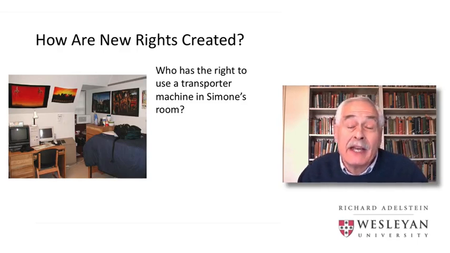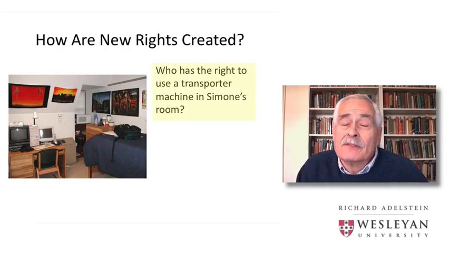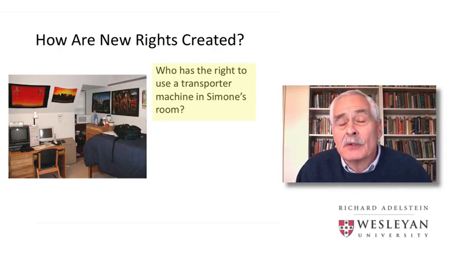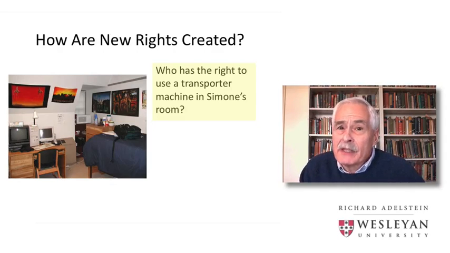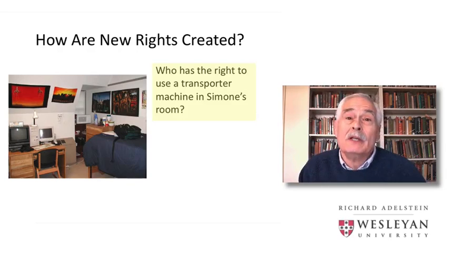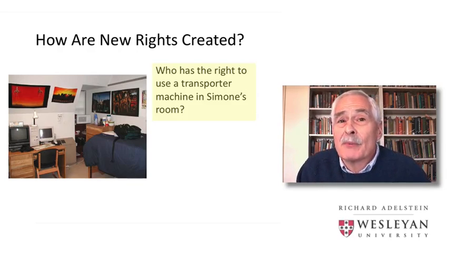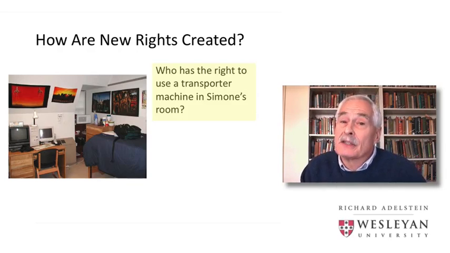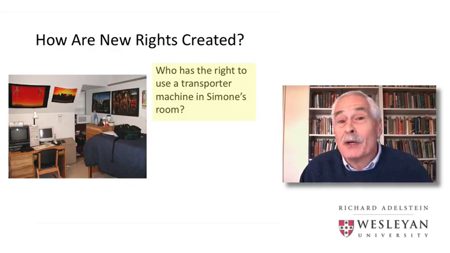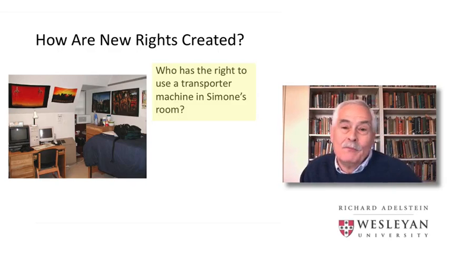They'll have to get somebody to say who has the right to use the transporter machine. If Simone gets the right to use the transporter machine, she can use it whether her neighbors object to it or not. But if her neighbors get the right to use the transporter machine in Simone's room, then they can exercise that property right negatively and exclude Simone from using the transporter machine in what would otherwise be her room.